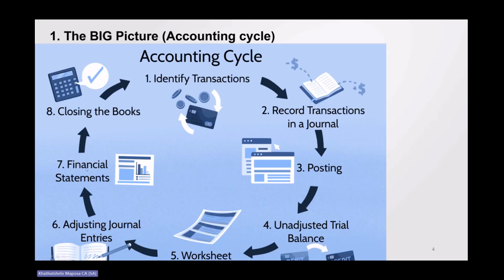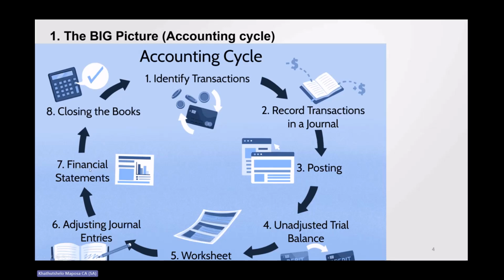Financial statements are the key report in financial accounting. In effect, the reason why we learn financial accounting is so that we can be able to draft the financial statements, so that we can be able to understand the financial statements. So after the post-adjustment trial balance, you will then create the financial statements.